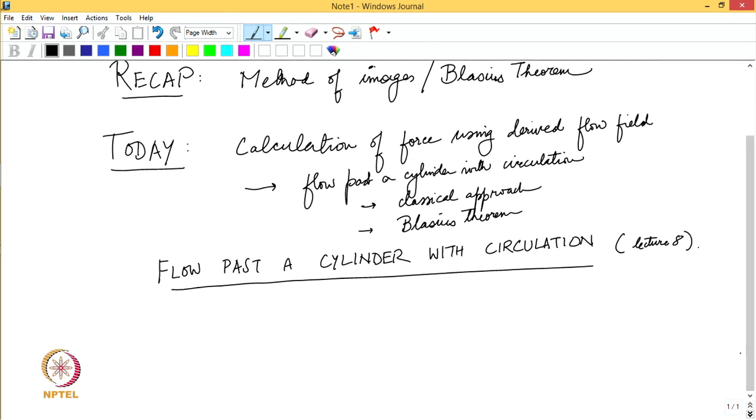And what we discussed in this problem is that this is a flow which is formed by superposition of 3 elementary flows. We have a uniform flow, then we have a doublet, and finally we have a free vortex.